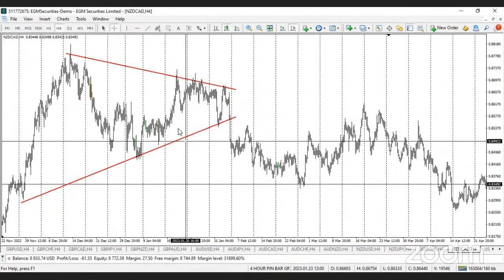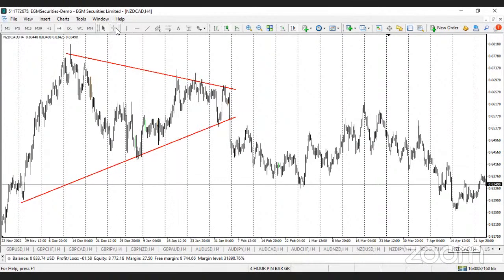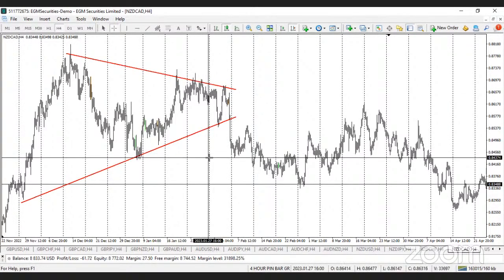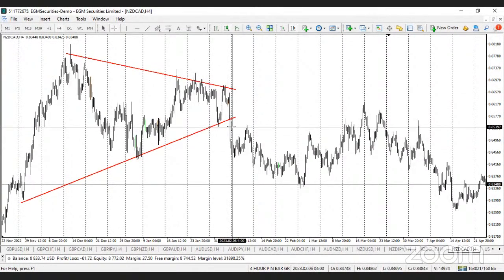Just as the previous examples I've given, right at the entry point up to where we had the previous low, we could have had around 100 pips. And if you had set your take profit based on that previous low, then you could have hit your target.